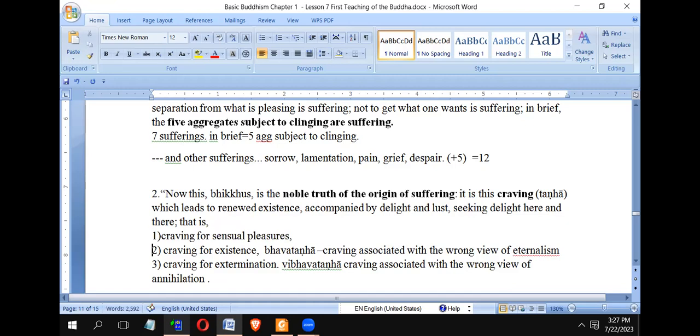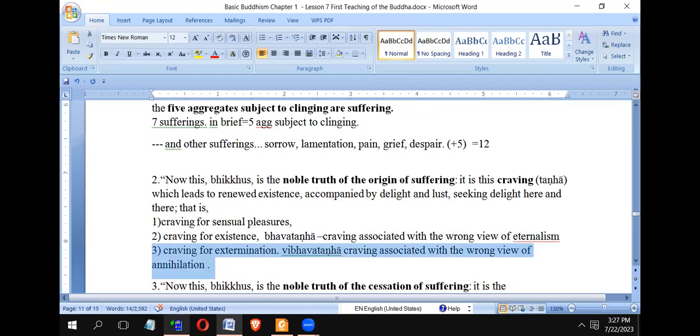Number 1, yes. How about number 2? They want to live forever. Yes. How about number 3? No, don't want. Some believe that life is so sorry, but not to worry, because there is no next life. They believe that after this life finishes, there is no more future. After they pass away, everything is finished. So this is also a kind of wrong view.